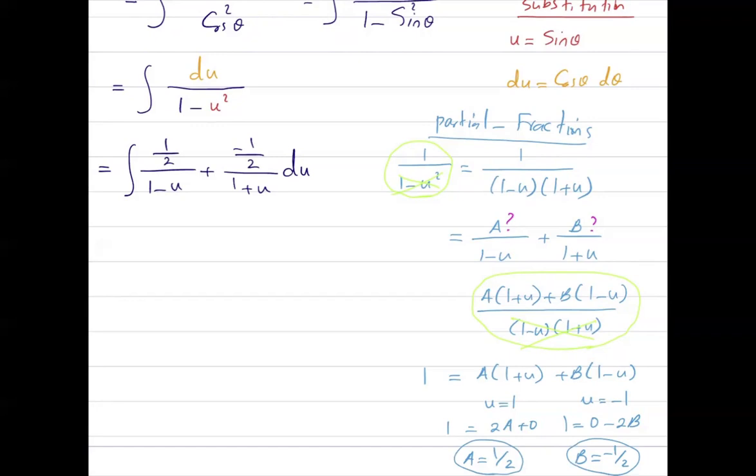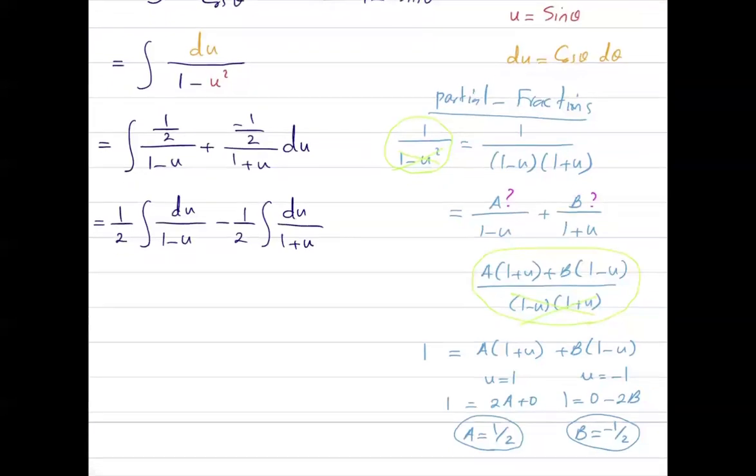These two are easy to work with. Why is that? The first integral is a half integral of du over 1 minus u. The second integral is negative a half the integral of du divided by 1 plus u. The first integral gives negative a half ln of absolute value of 1 minus u. The second integral gives negative a half ln of absolute value of 1 plus u.